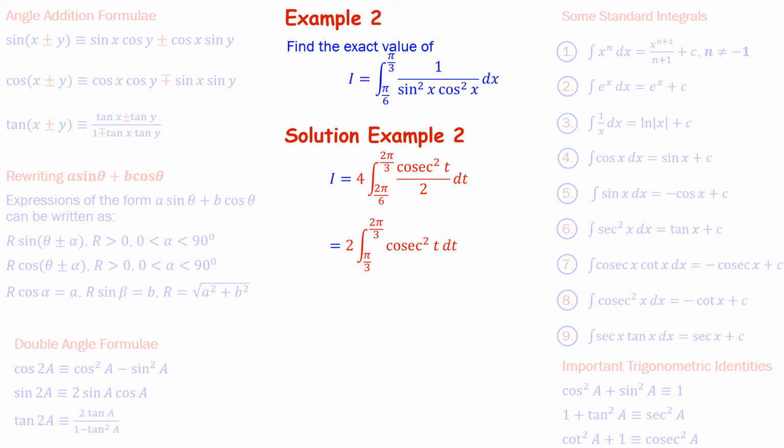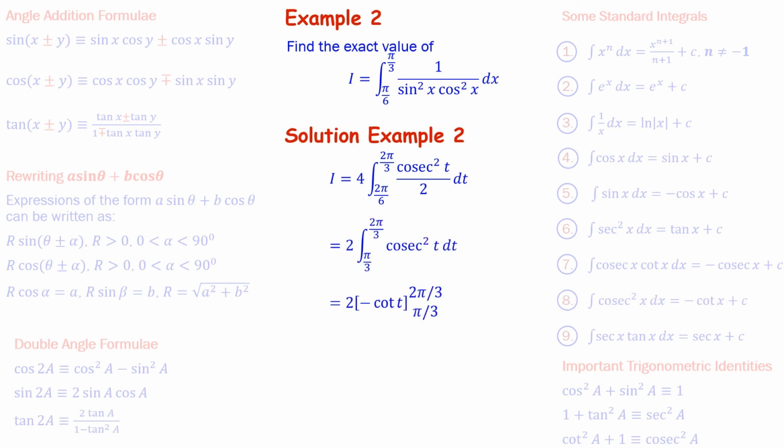And now let's integrate this expression. The integral of cosec squared t dt is simply minus cot t, as you can see from the standard integral in the list. 2 pi by 3 is one of the limits at the top, and the lower limit is pi by 3 as shown.